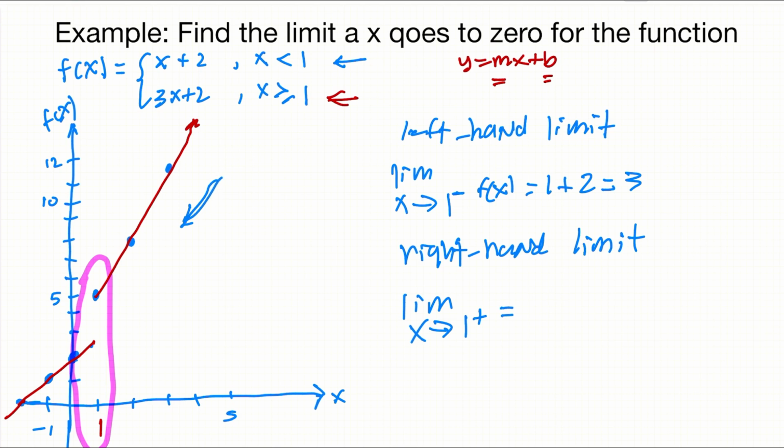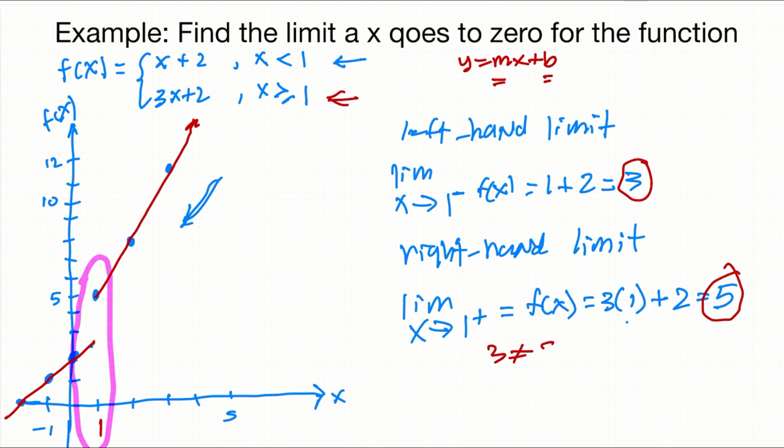That is going to be equal to the function evaluated at 1, which is 3 times 1, which is the x now, plus 2, and that is equal to 5. So our two limits, coming from the left of 3 and coming from the right of 5, are not the same. 3 does not equal 5.